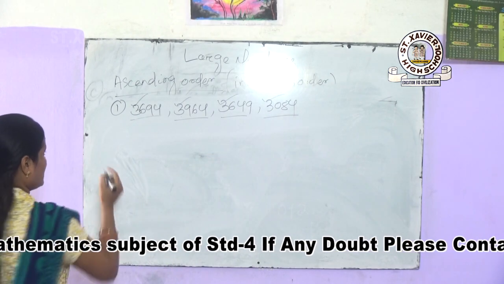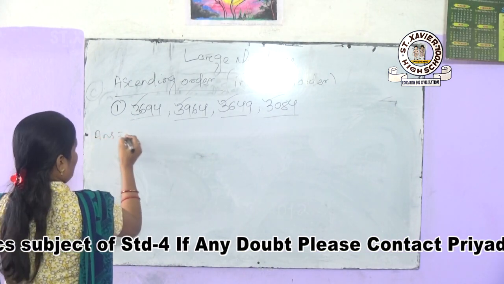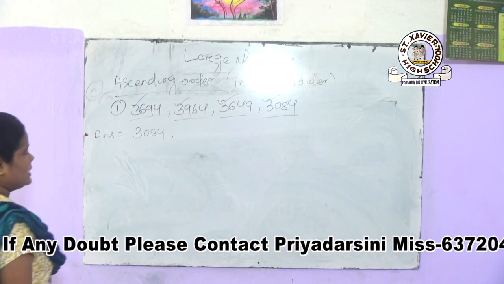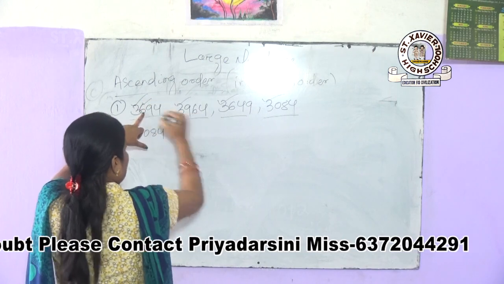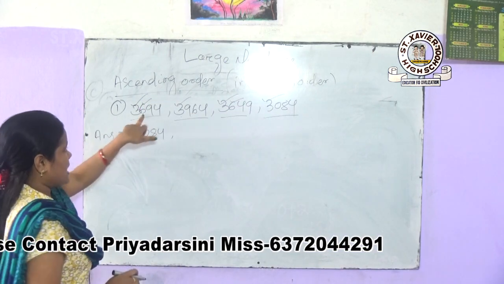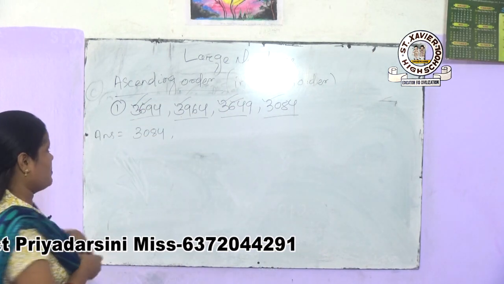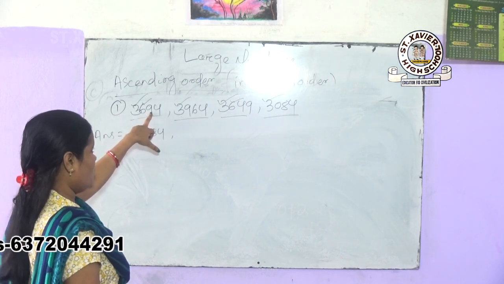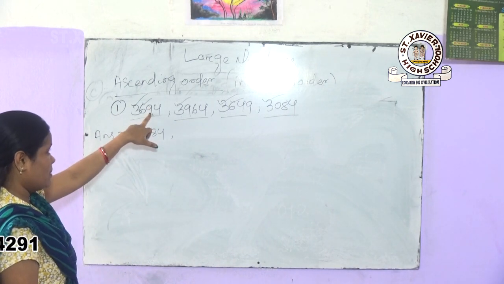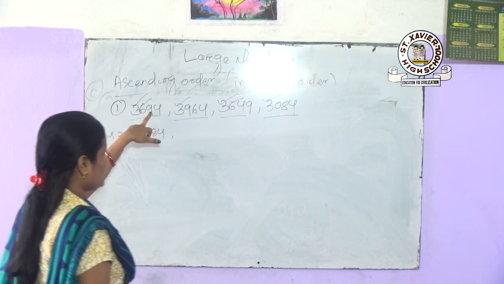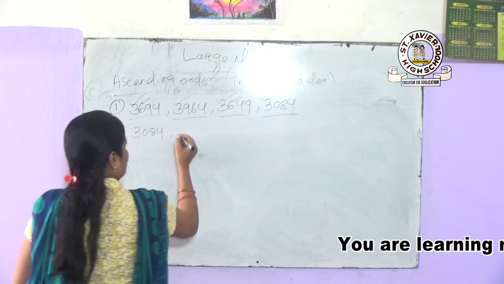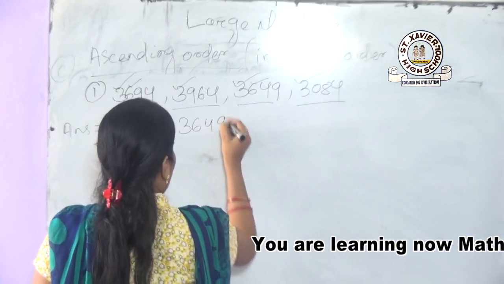So your first answer is 3084. Then here 6 and here 6, both are the same, so just come to the tens place. Here 9 and here 4, so 4 is smaller. So the next number is 3649.